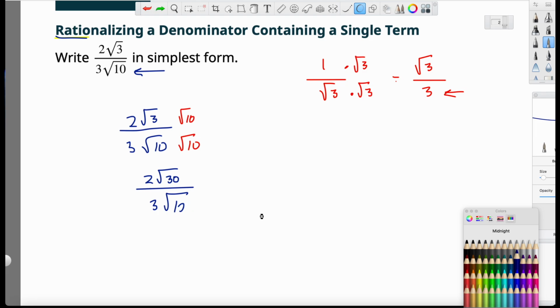It's 10. So I'm going to write 3 times 10. And now, let's see here. I could put these together. But look, 2 and a 10, I know I could take a 2 out of 10. That would give me 5. So I just simplify. That's 2/10 right there. That would be 1/5. And my final answer is root 30 over 3 times 5.